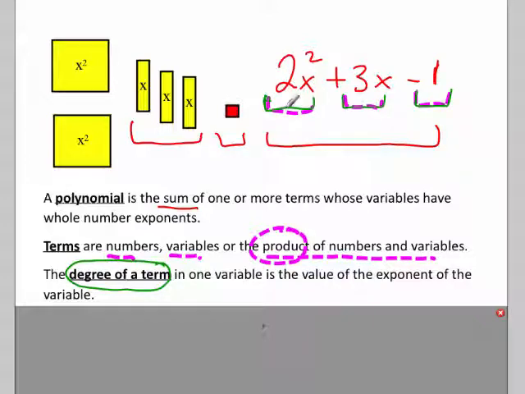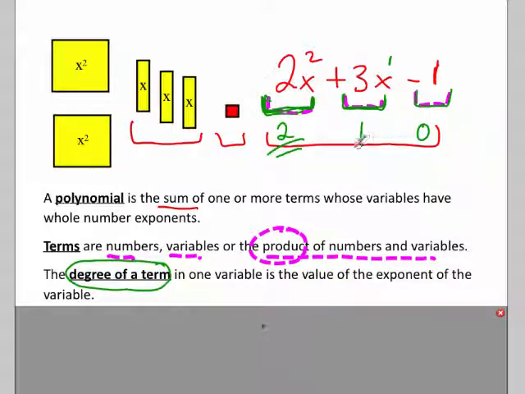So in term 1 here, the value of the exponent on the variable is 2. So term 1 has degree 2. Term 2, the exponent on the variable is a 1, so that's got degree 1. And the last term has no variable, so it is of degree 0.